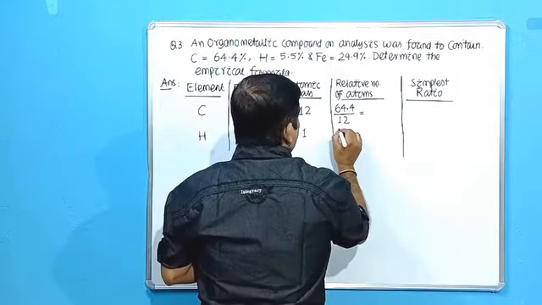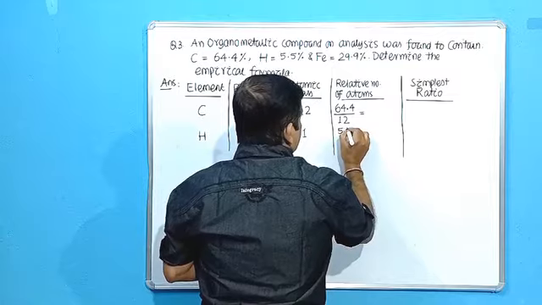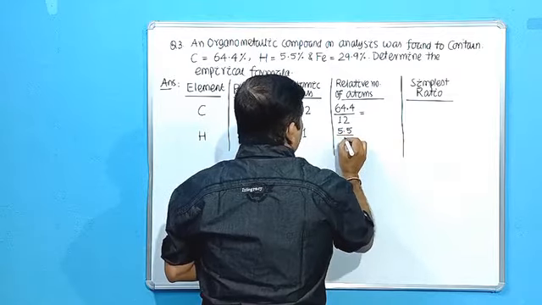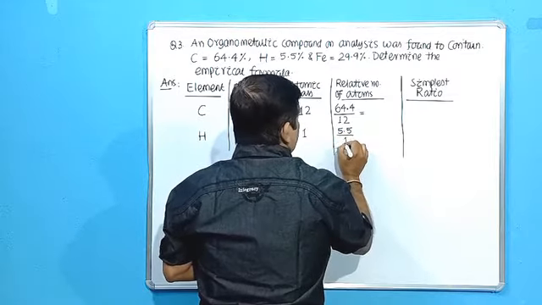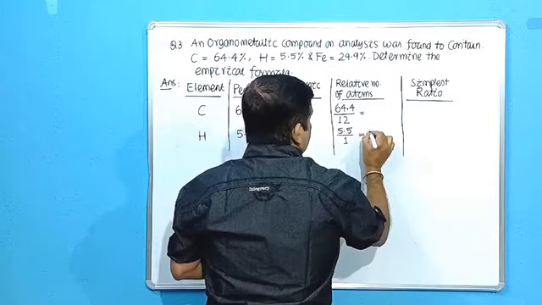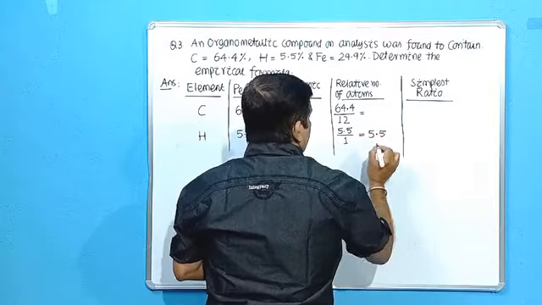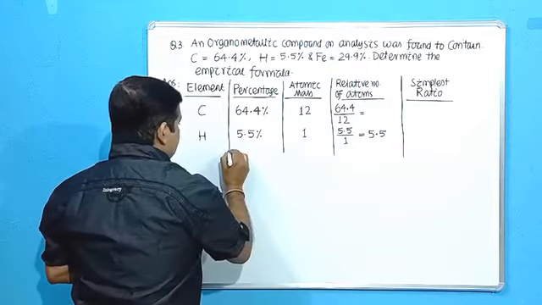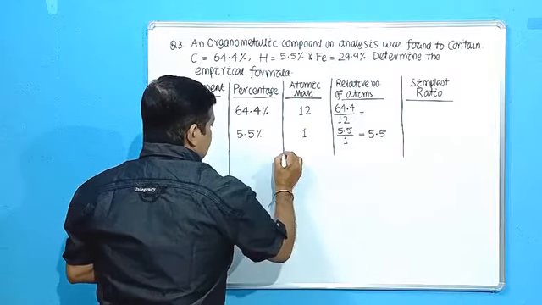So what will be the relative number of atoms? Now 5.5 by 1, that is 5.5. Okay. Then last one, that is iron.